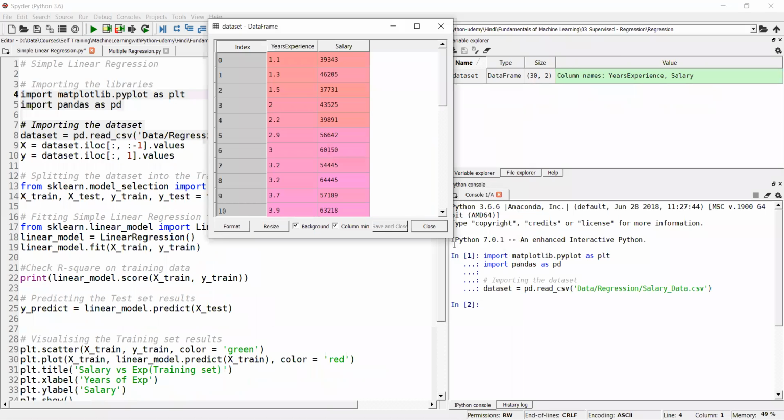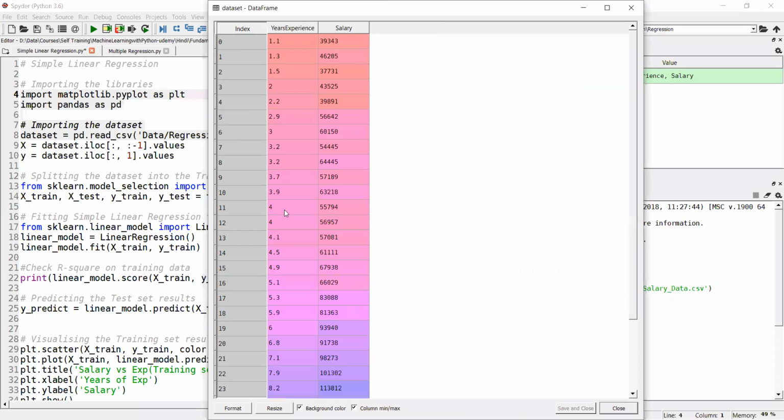So simple linear regression means we are having only one independent variable. Can anyone tell me, in this equation, we are going to predict the salary based on experience. What is the independent variable here? Years of experience. And what is the feature? Feature also, years of experience.